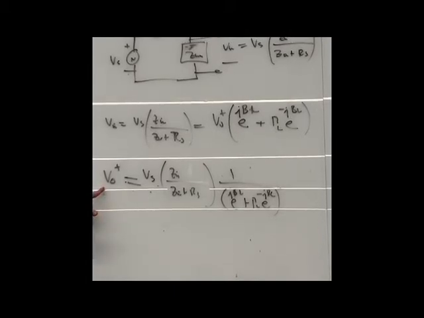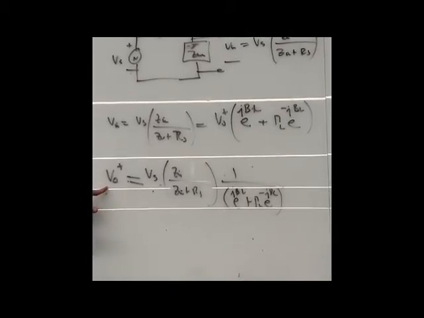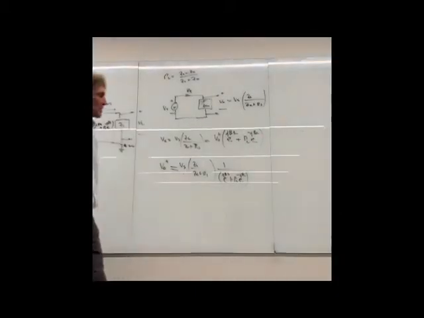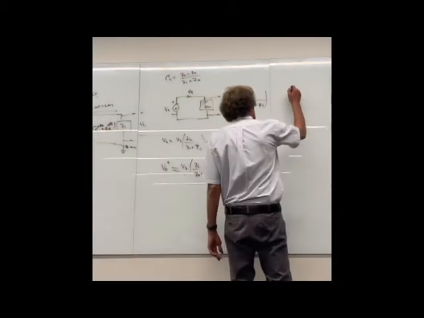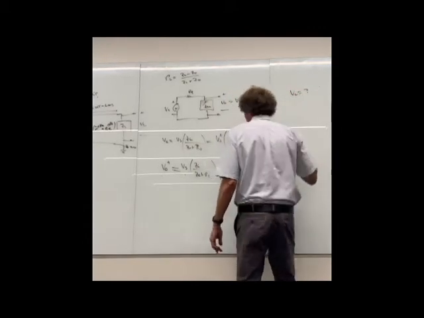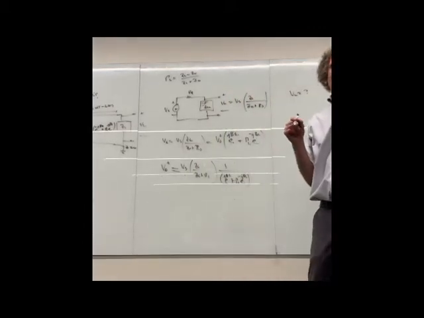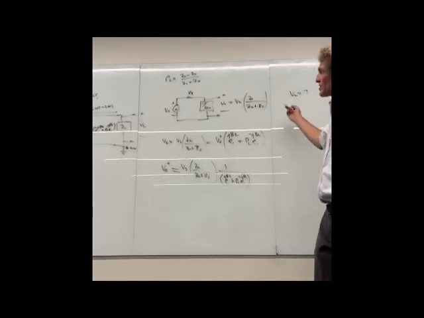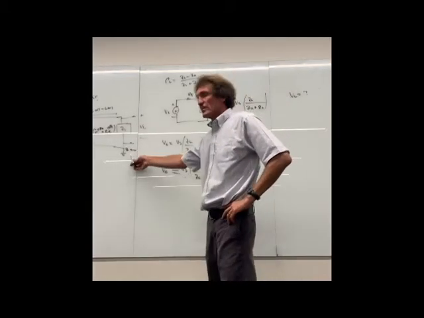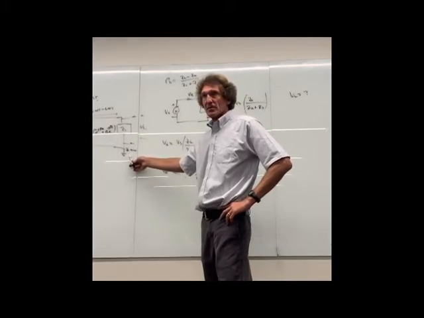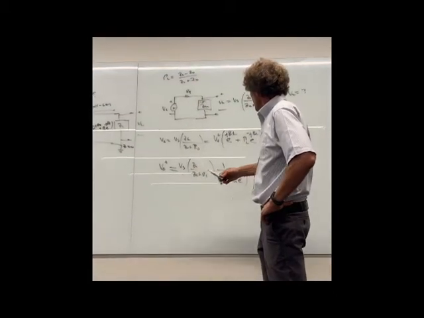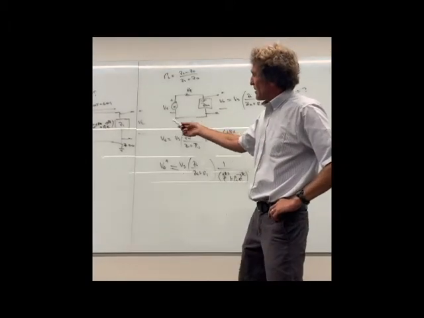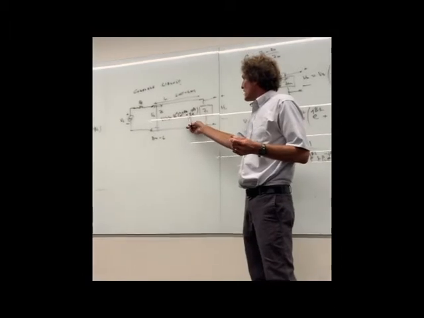Now once I have V0 plus, I'm going to ask the class to see who gets it. How do I get the voltage here at the load? Anyone? Well, to get the voltage at the load, what is Z here? It's 0, right? I have this equation, and now I have the reflection coefficient.